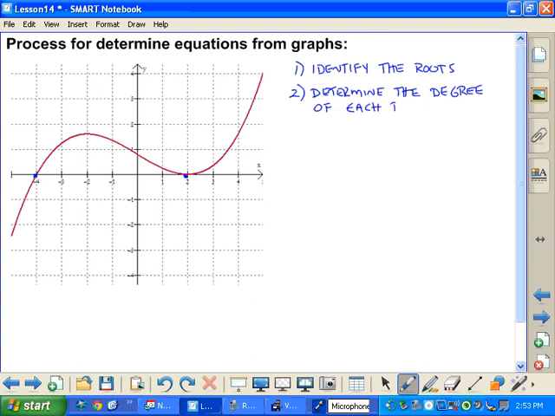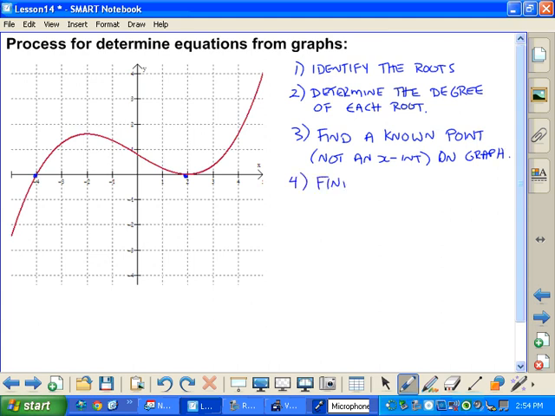And step three, find a known point, and in brackets, not an x-intercept on graph. And step four, find the coefficient. So there are the four steps simplified, and we'll talk about each one.